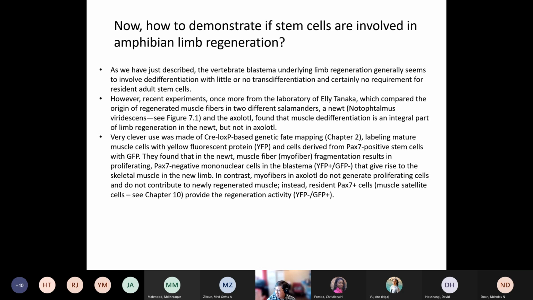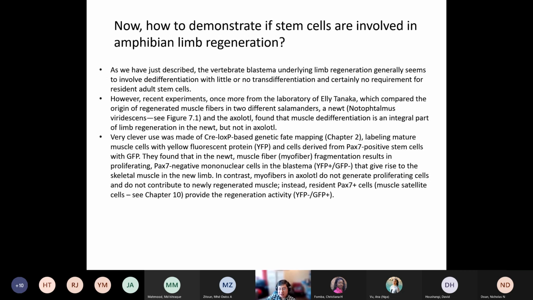But in their experiment, in this process, they don't see positivity of PAX7 cells.